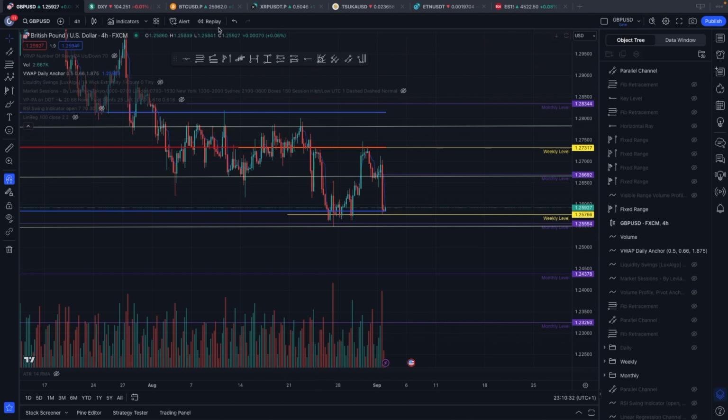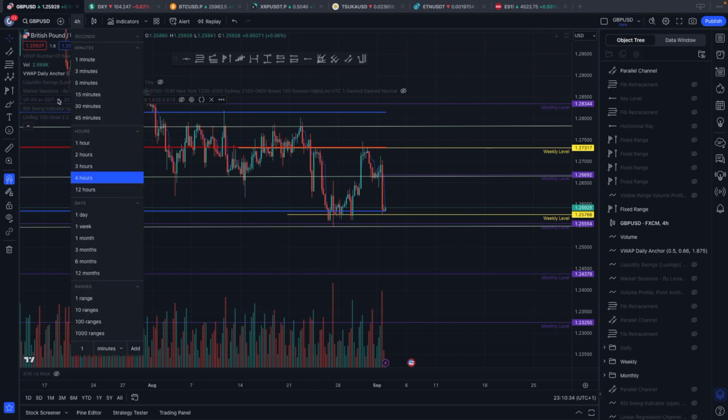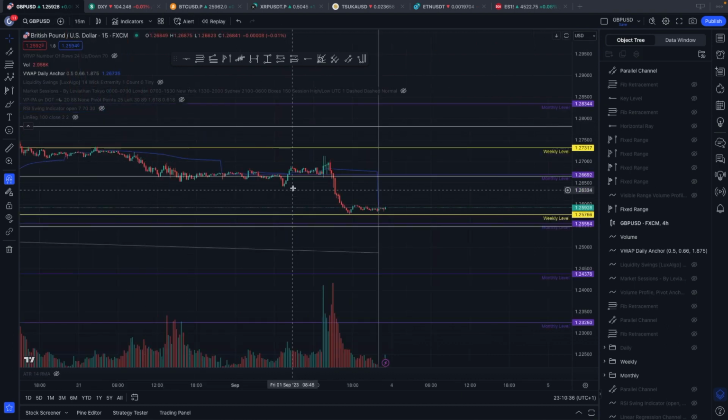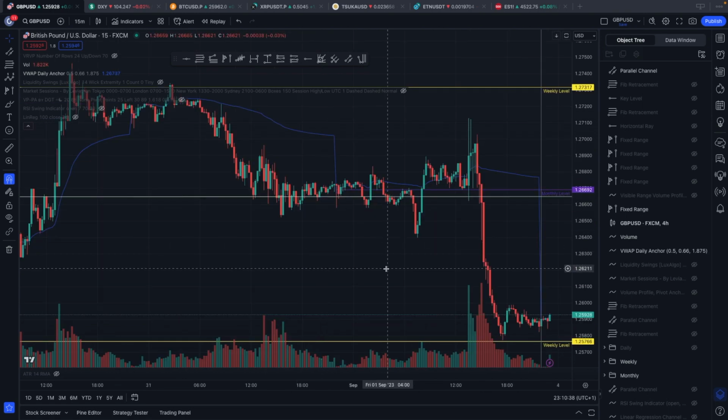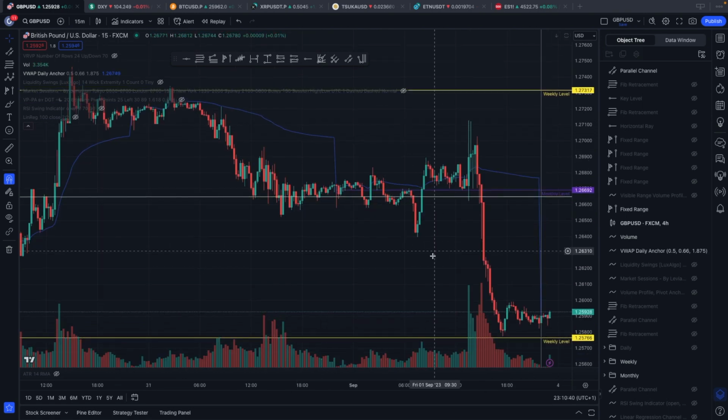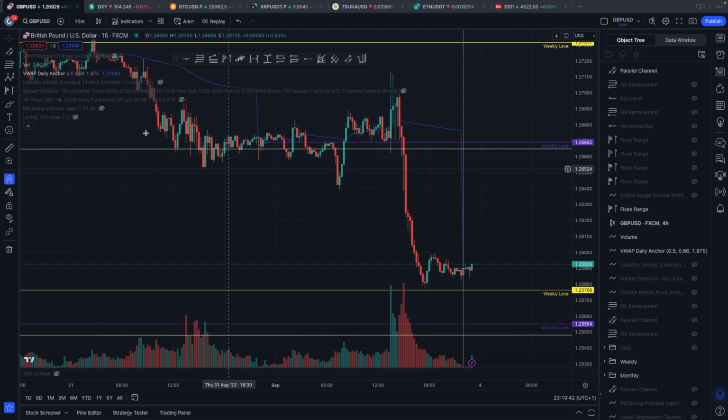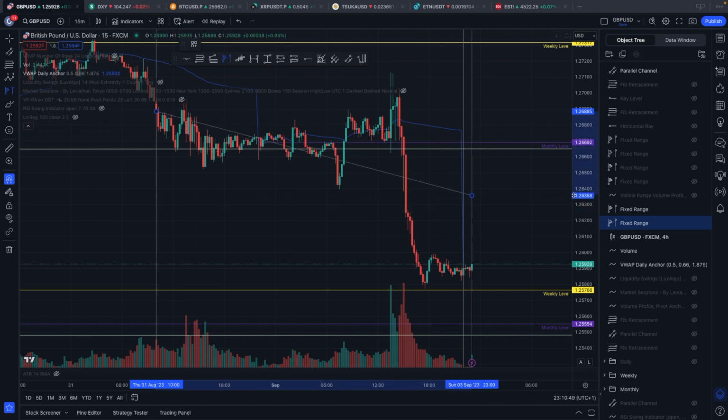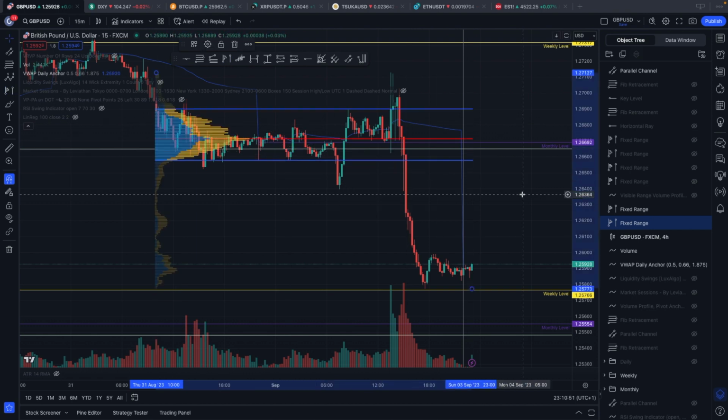So that's that one done. I'm just going to put it in the 15-minute chart just to save it. And then in the 15-minute chart, we do another exchange volume. We were sort of going sideways here, you can see. All the volume for this is literally all the way up there.